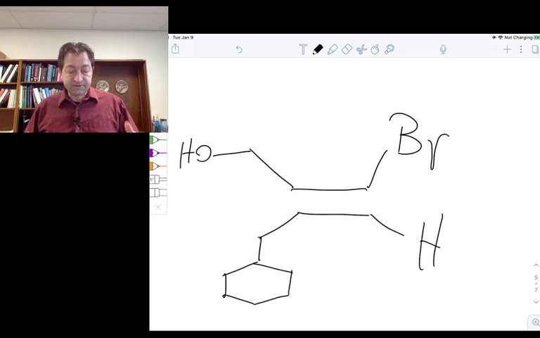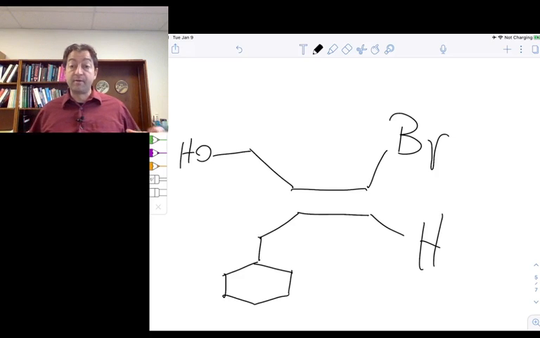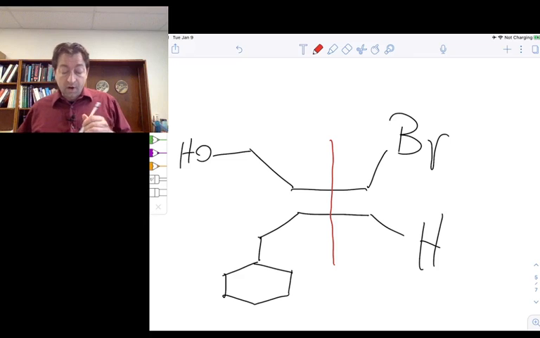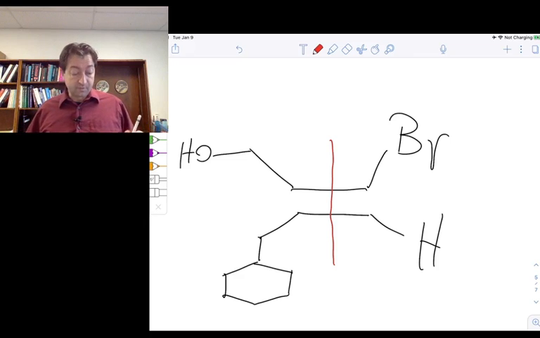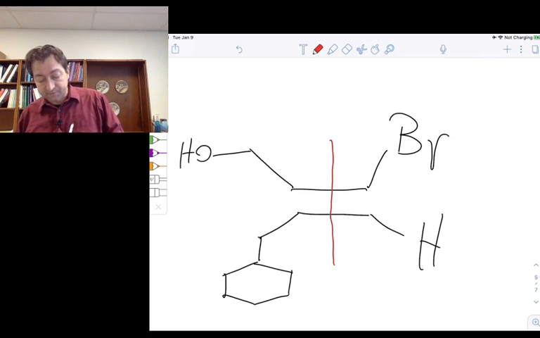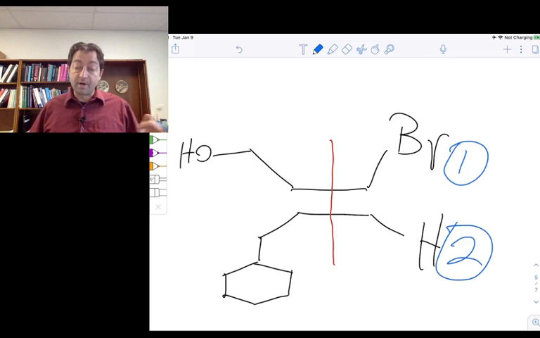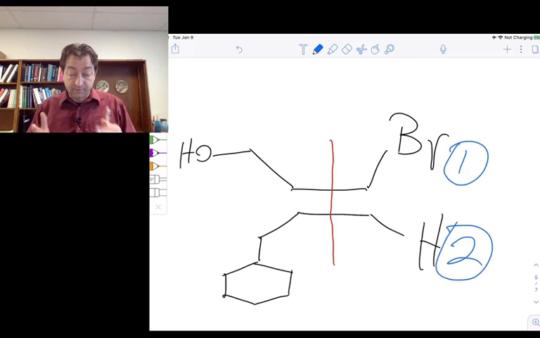All we want to do is use the same priority rules that we established for RS configuration to decide whether the highest priority substituents, in this case, are on the same or opposite sides of the double bond. On the right-hand side of this particular molecule, I think it's quite straightforward to make that assignment. The bromine is the highest priority. The hydrogen is lower than bromine, so that's going to be number 2. Again, we're looking on either side of that center line that we've drawn down that double bond, just to decide which substituent is priority.